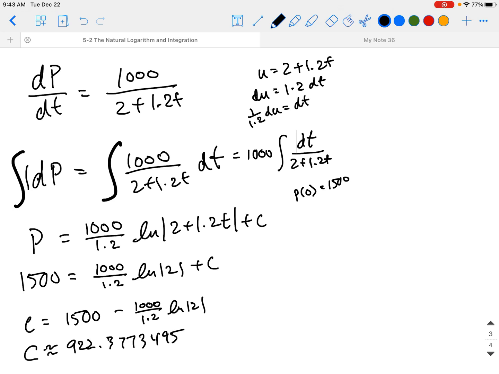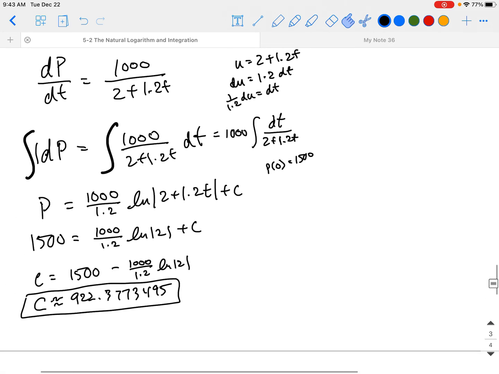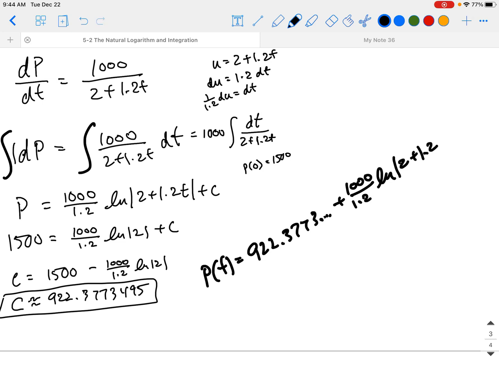All right, so we've got this very particular value that we end up with. And then our goal is now to find the population after 4 years. So we'll just note that P(t) is going to equal 922.3773 with all those digits, plus 1,000 over 1.2 natural log of 2 plus 1.2t.